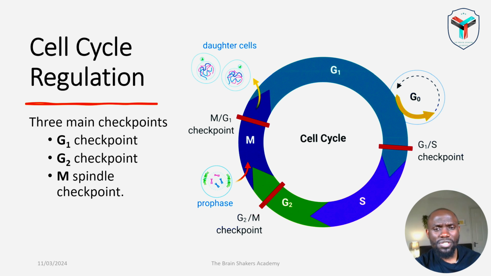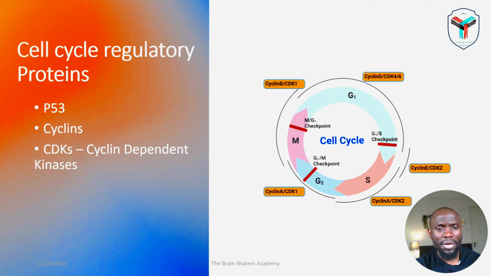Now, this particular cell cycle is regulated by a number of proteins. The commonest proteins that we see regulating the cell cycle itself are p53, the cyclins, and the cyclin-dependent kinases. Now, p53 is important in that it has the capacity to check whether the DNA is damaged. Once the DNA is damaged, what happens?